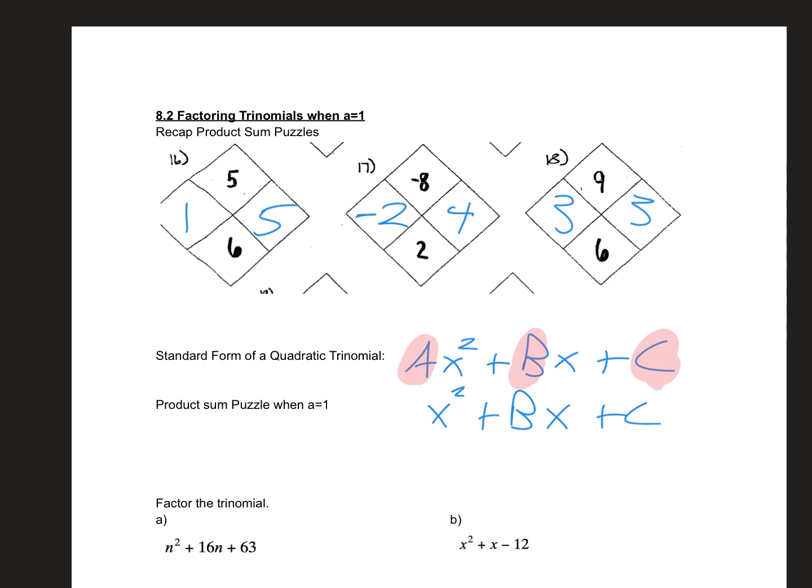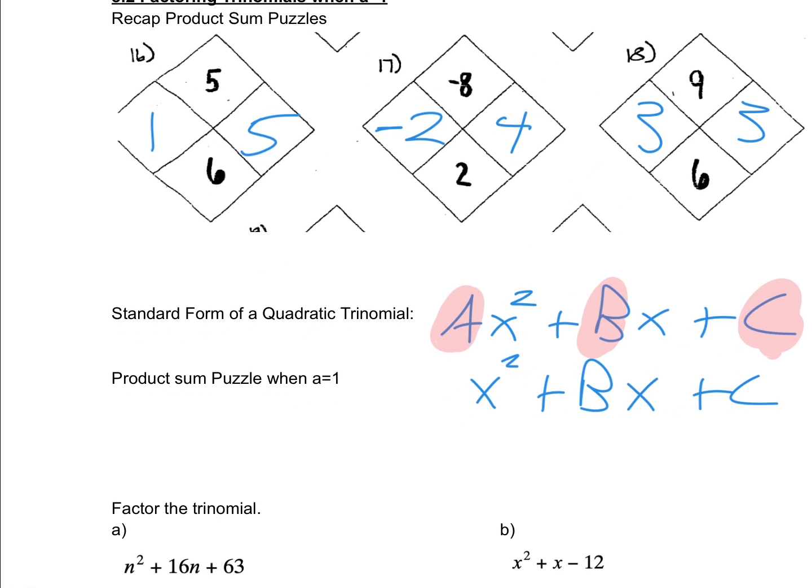With that, we can actually get a little cheat code for these product sum puzzles. So I'm going to redraw a product sum puzzle. If a is 1, then the two numbers that my factors need to add to are equal to whatever number is in front of x.